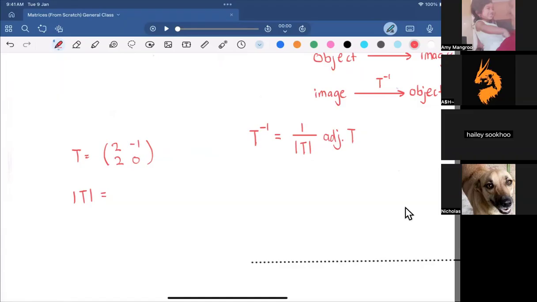So how are we going to find the determinant? Sasha, if you're talking, I can't hear.